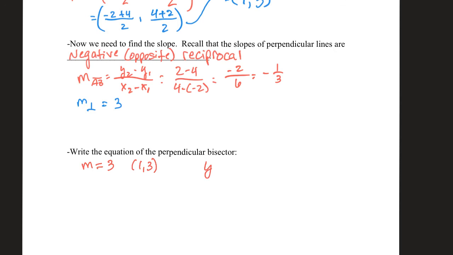So all we're going to do is just plug into y equals mx plus b to solve for our b because we know all the other variables. y is 3, our slope is 3 times our x value of 1 plus b. 3 times 1 is 3 plus b, so b has to be 0. So b is 0, so therefore my perpendicular bisector to this line has the equation of y equals 3x.